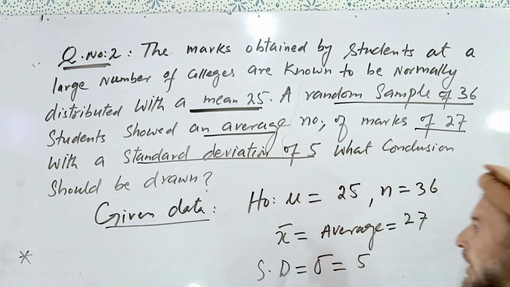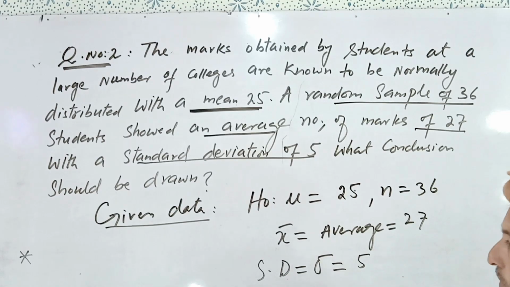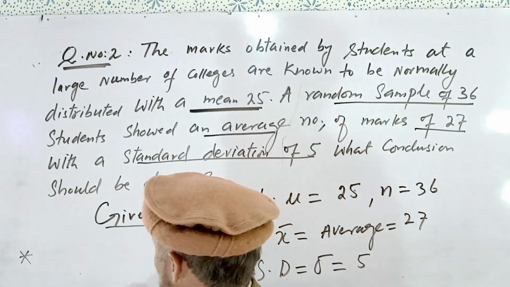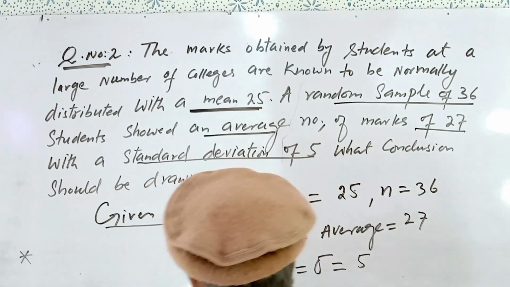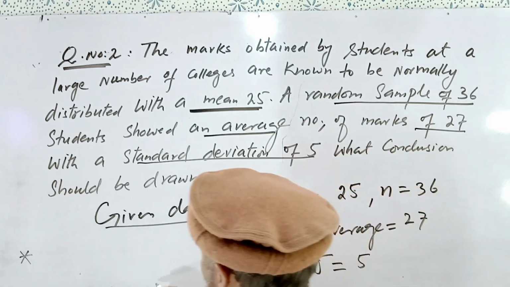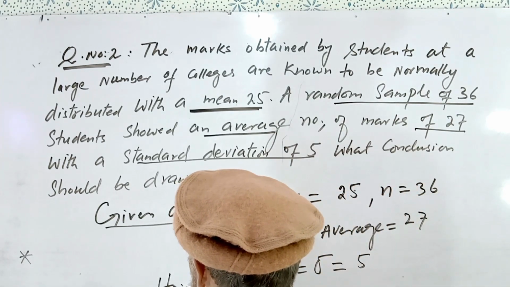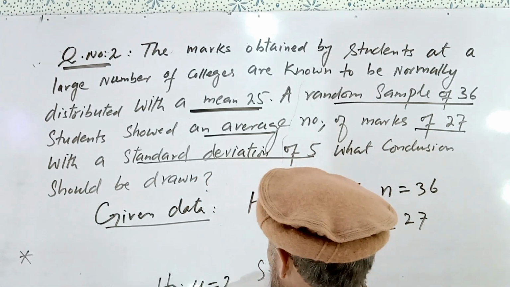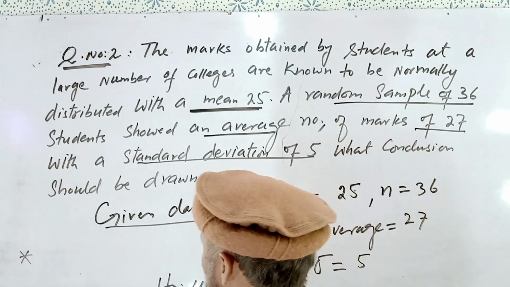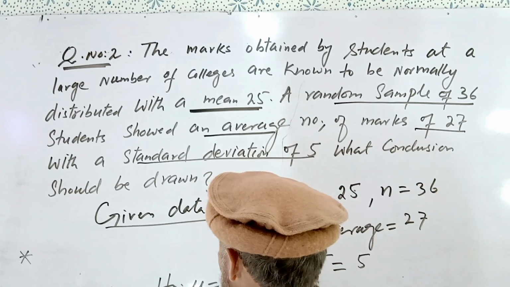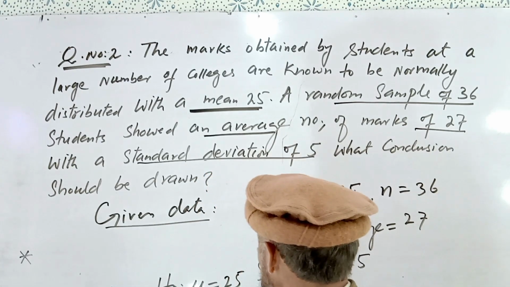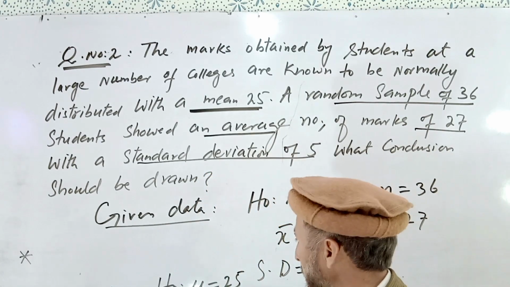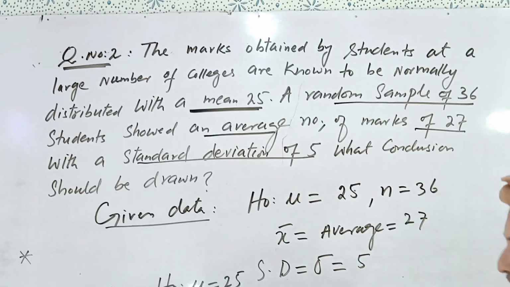It means that we require a hypothesis. So first we formulate the null and alternative hypothesis. H naught: mu is equal to 25. This will be a two-sided test because we do not agree that the population mean is 25.